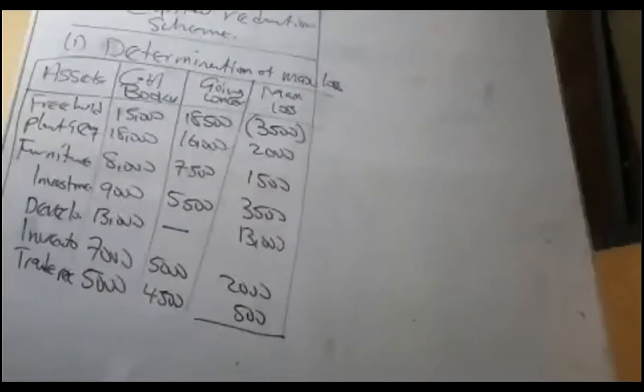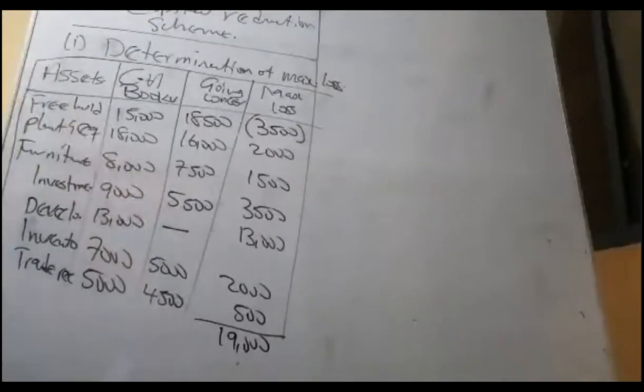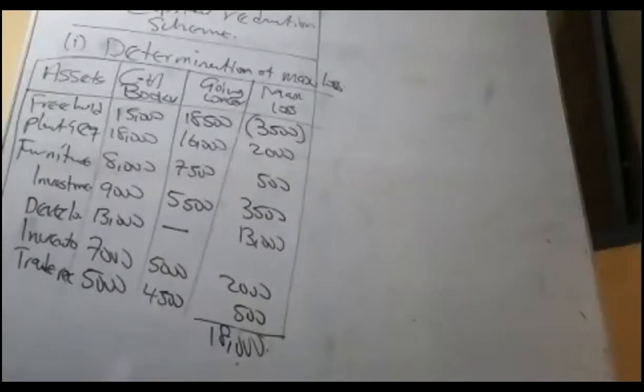Adding all this, 3,500, 16,500, 18,500 plus 500, making 19,000. Agreed. So the losses coming from assets is what? I'm getting 19,000. Sorry, the furniture must be 500, right? Thank you. So 18,000 should be the right answer. Perfect. Then we are done with the losses coming from assets.